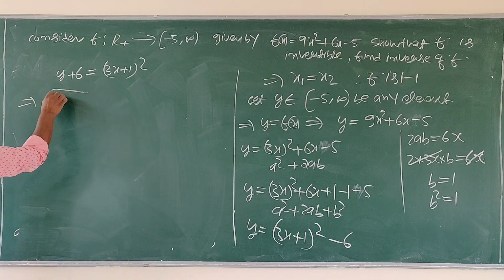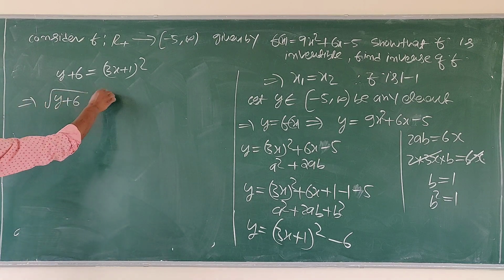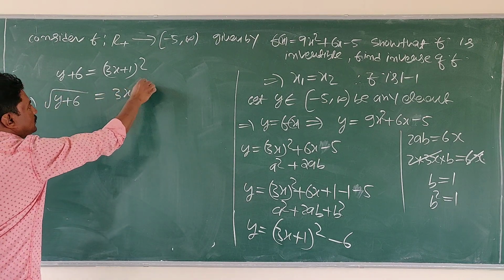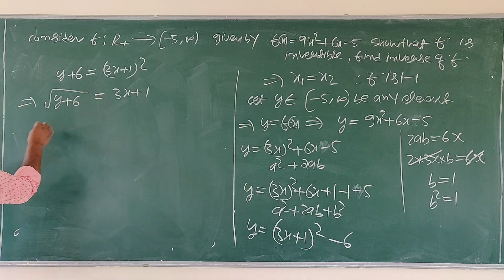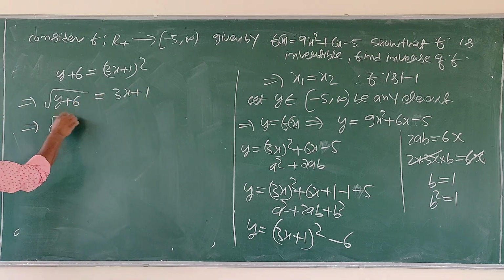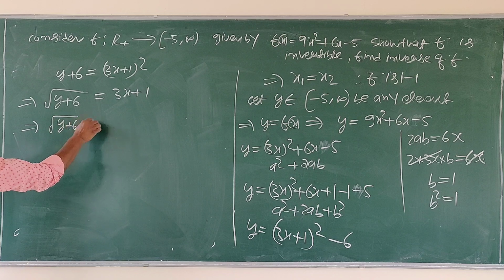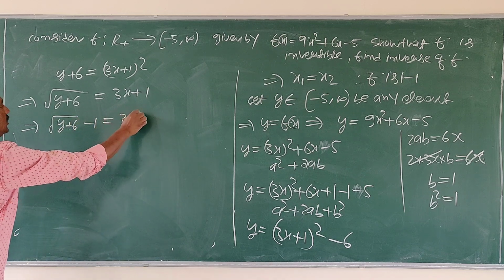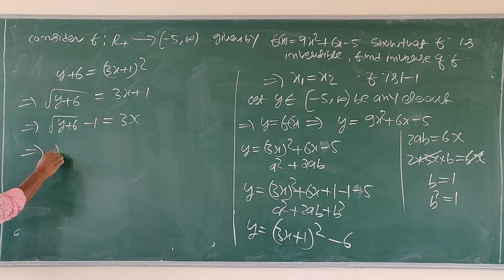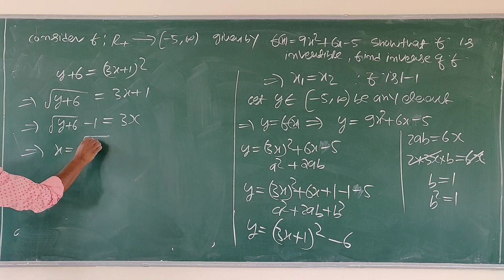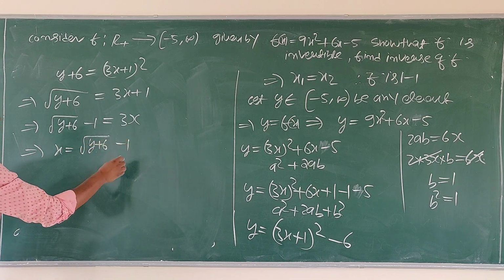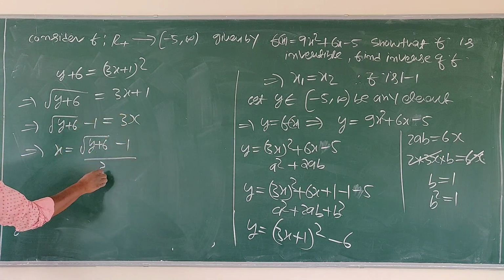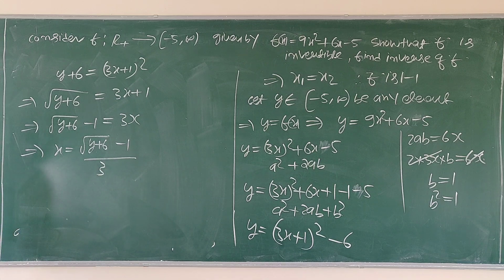So root of (y plus 6) is equal to 3x plus 1. Calculate x from that. So root of (y plus 6) minus 1 is equal to 3x. From this, x equals (root of (y plus 6) minus 1) by 3.